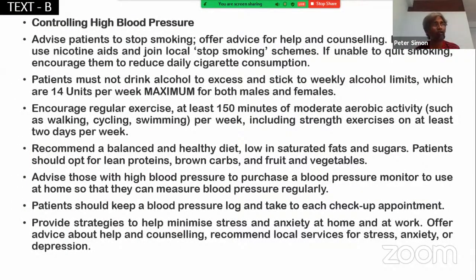That is hypertension medications. And these are controlling measures. That is medications. These are controlling measures, controlling high blood pressure. Here the subtitle is already given. How to control?